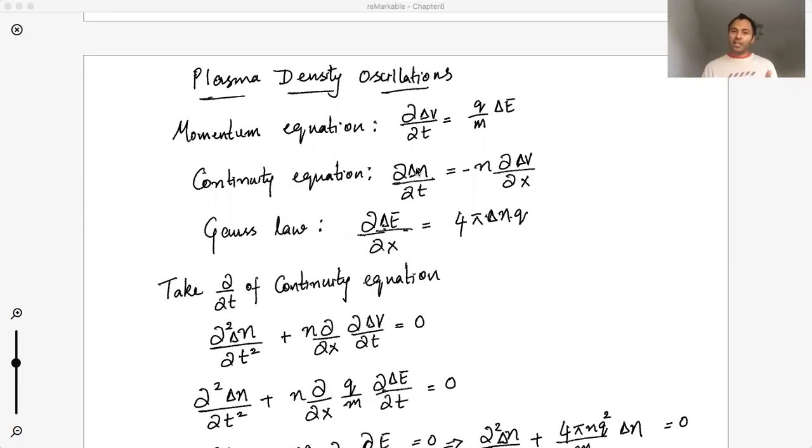So I'm going to write V as V plus delta V, E as E plus delta E, N as N plus delta N, right? And then I'm going to say that dV by dt is equal to, I'll assume that delta V is the departure from equilibrium. So in equilibrium, all of those equations are exactly satisfied.